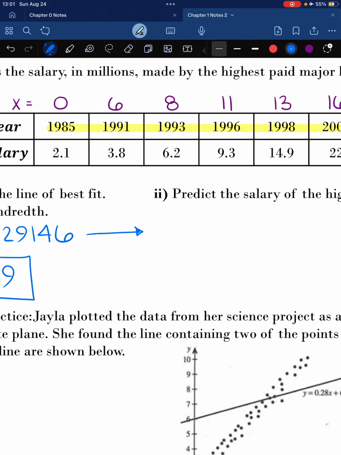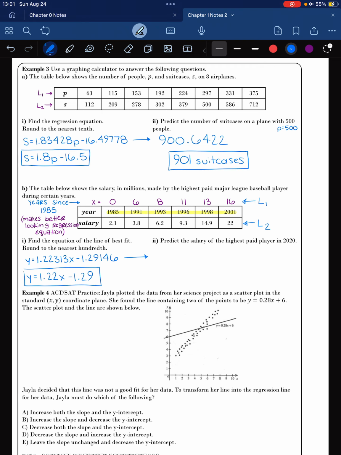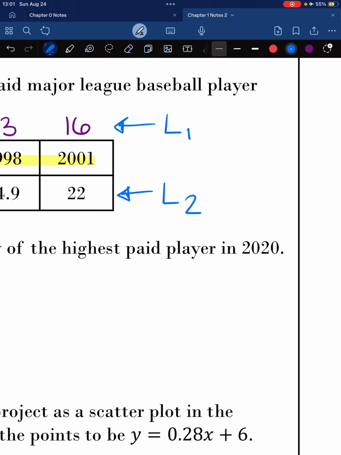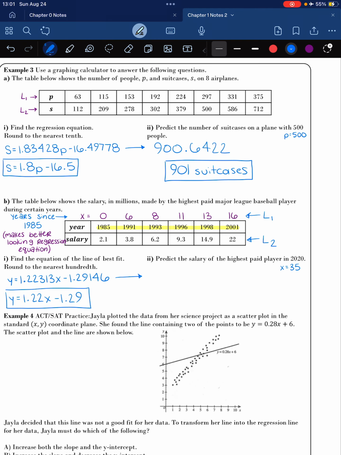Okay, and then for predicting the salary, I'm going to go ahead and use the unrounded equation. 2020 means that I am 35 years away from 1985.